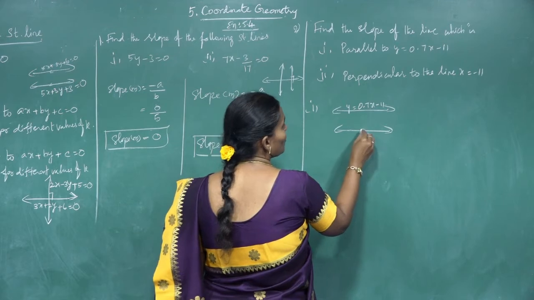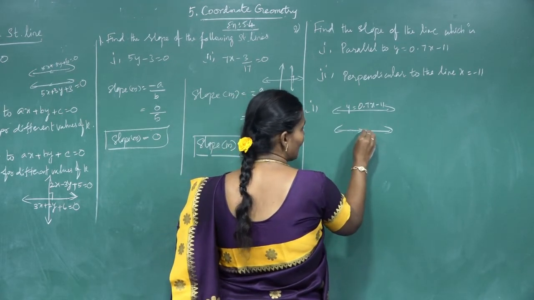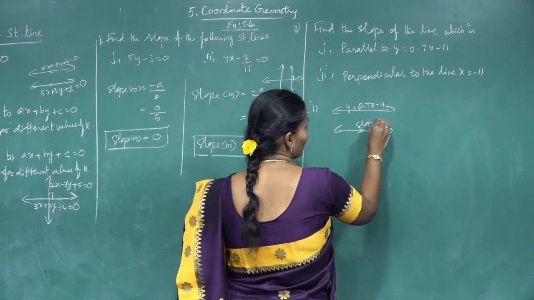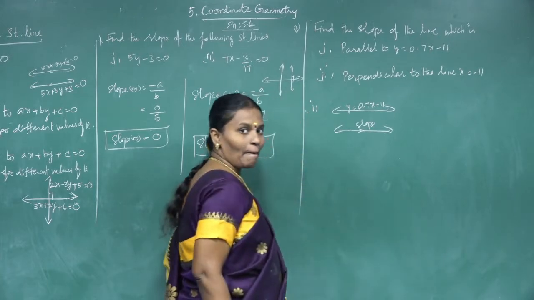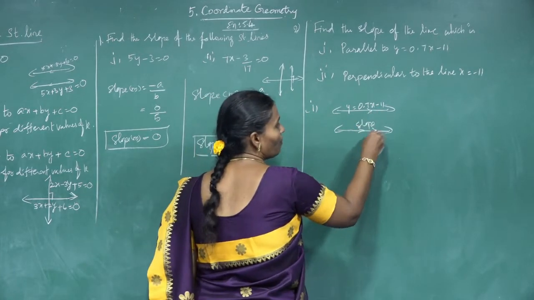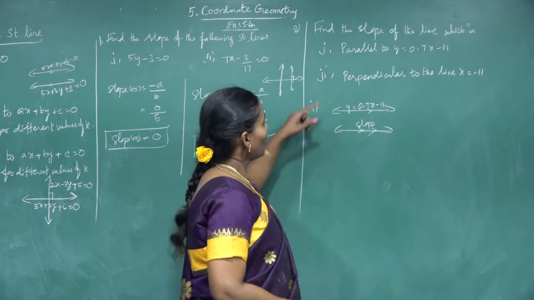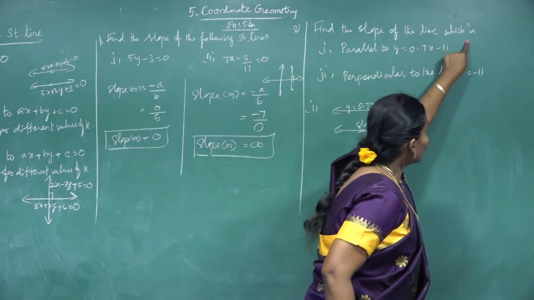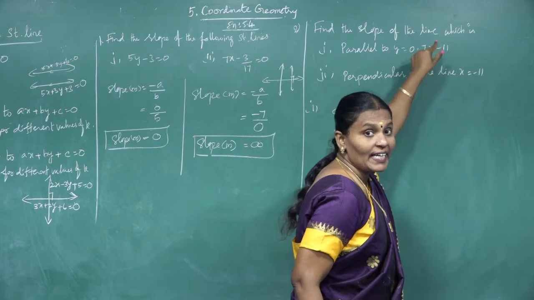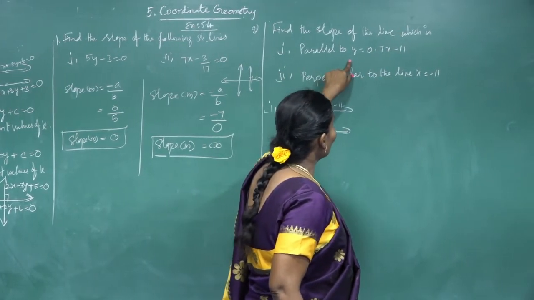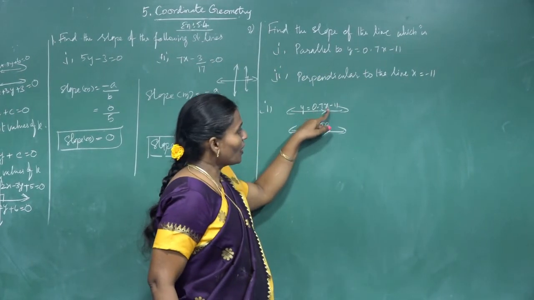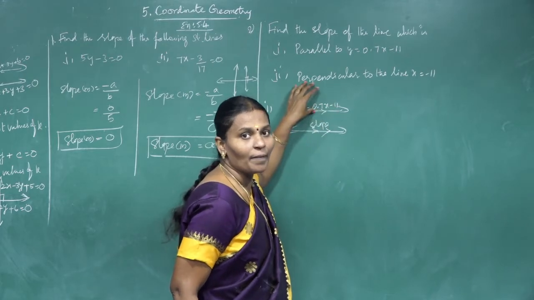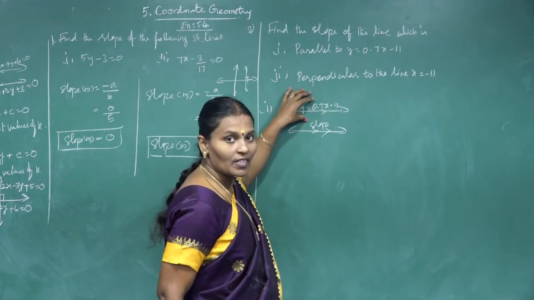What is the slope of this line? You have to find out the slope of this line. Here these two are parallel. What is given here? Find the slope of the straight line which is parallel to y is equal to 0.7x minus 11. Understand children?